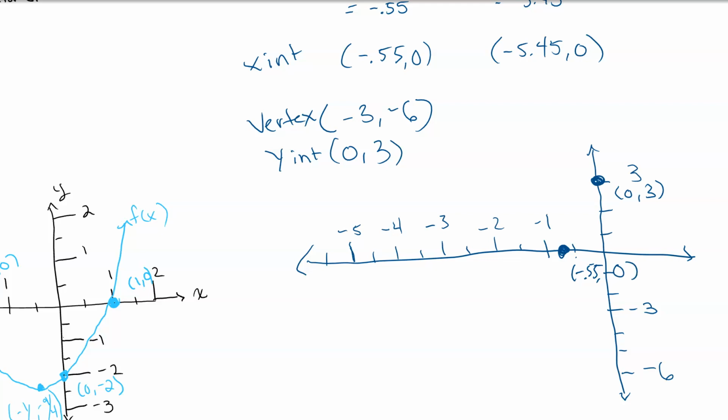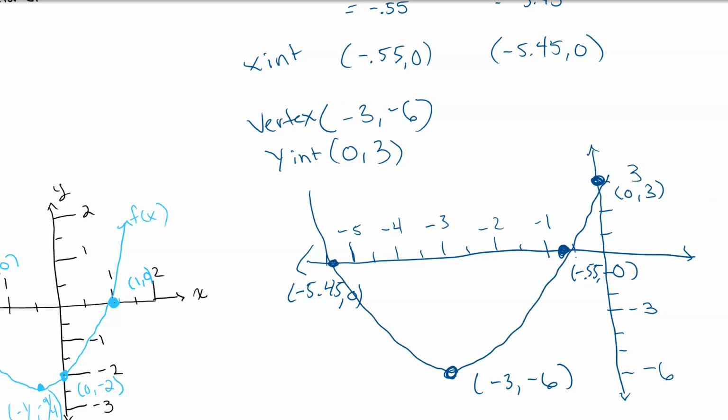And then we've got negative 3, negative 6, and negative 5.45, 0. And we've got our parabola, connect the dots. There we go.